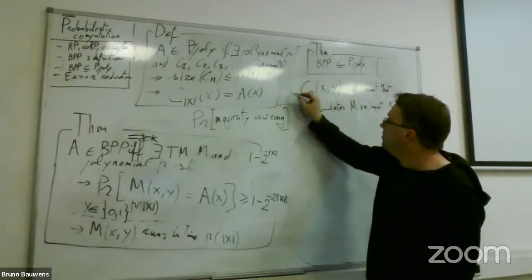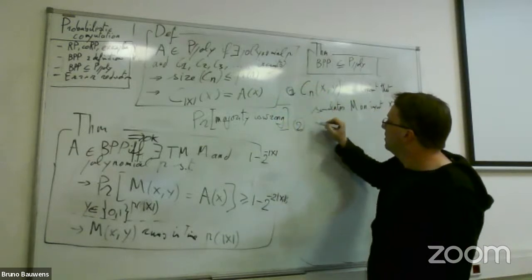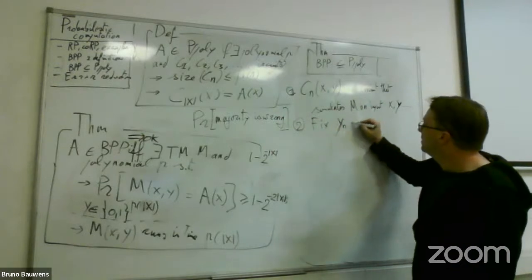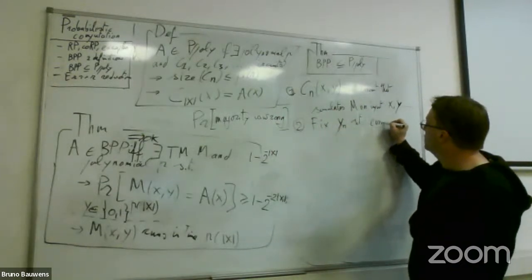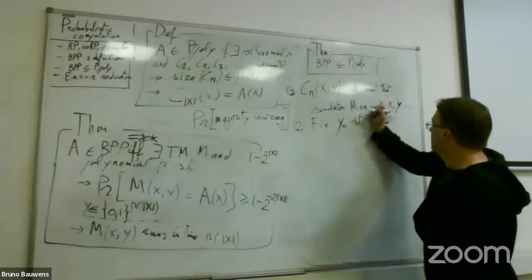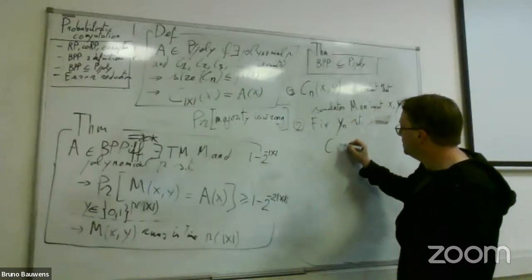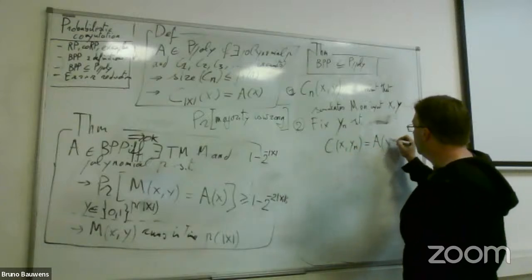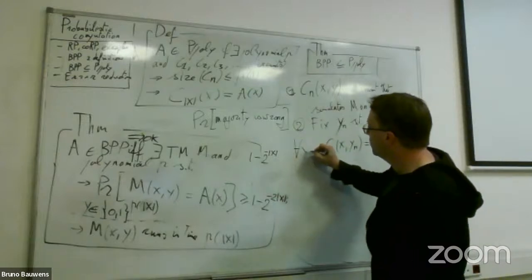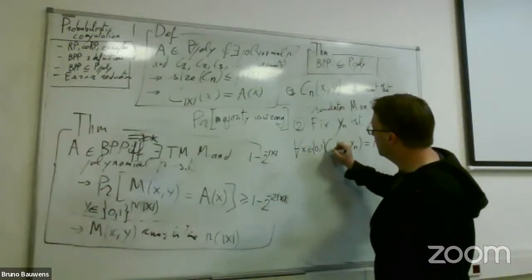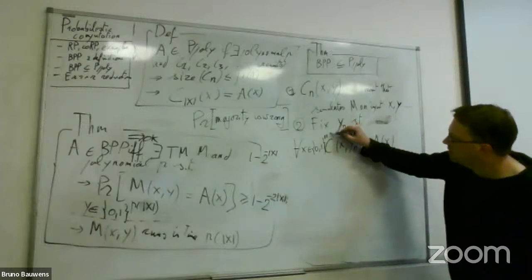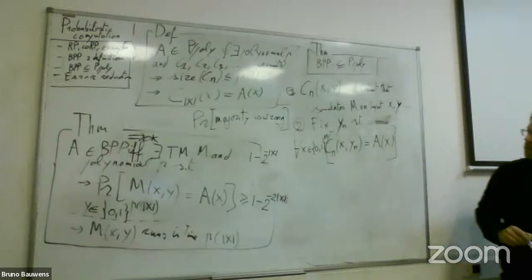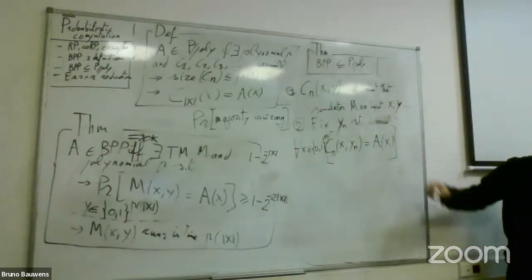And then the second step: fix y_n such that the circuit C_n(x, y_n) equals A(x) for all x in {0,1}^n.